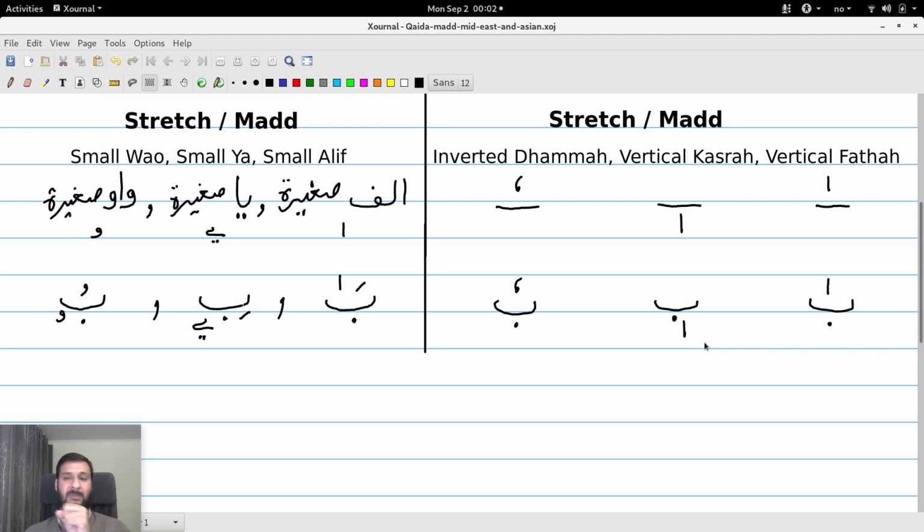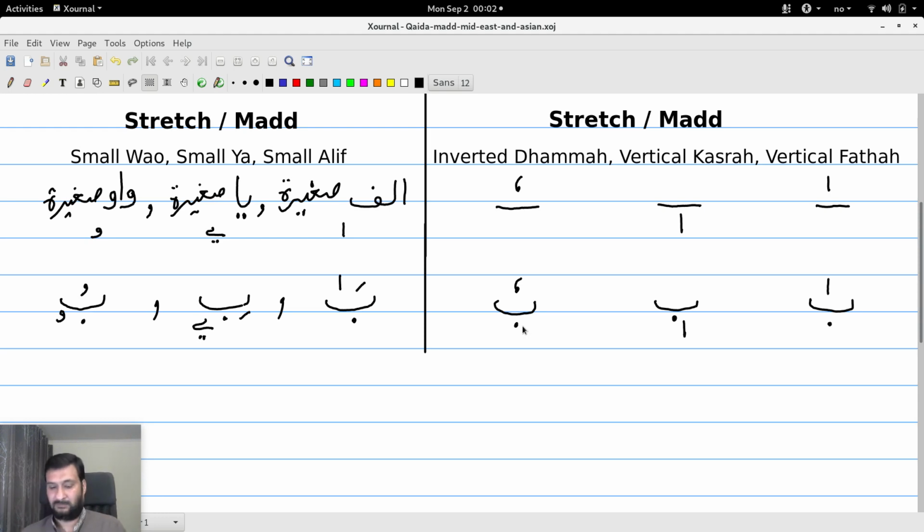The time it takes to open and close, that's the stretch. Then is Ba, inverted Dhammah, as I've written here, inverted Dhammah. Bu. So this is the stretch difference between the Middle Eastern and Asian styles.